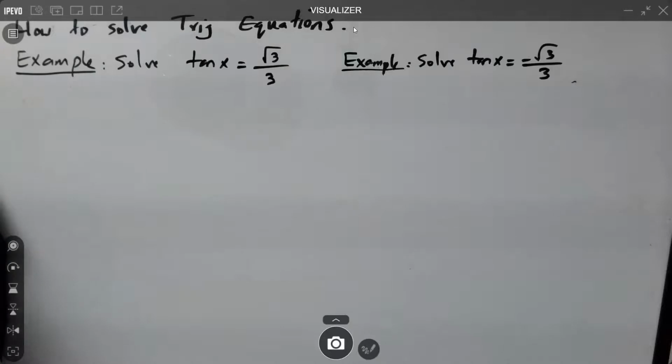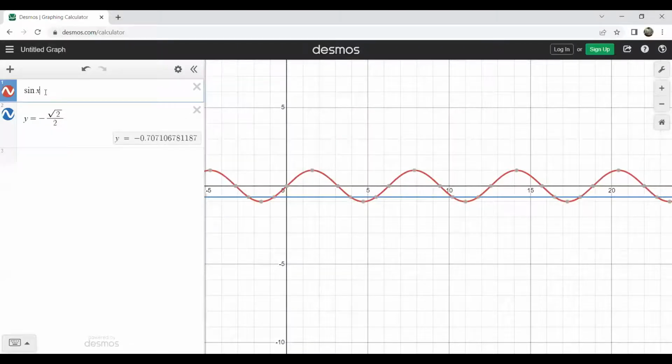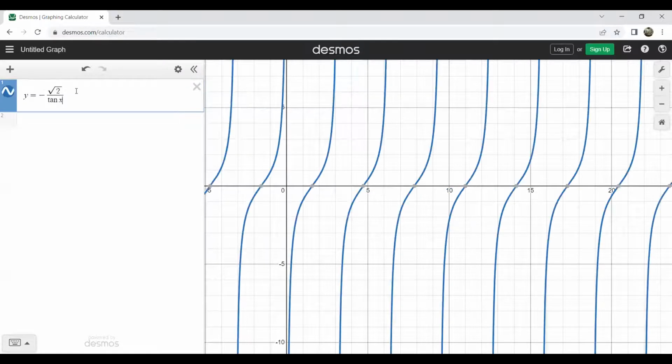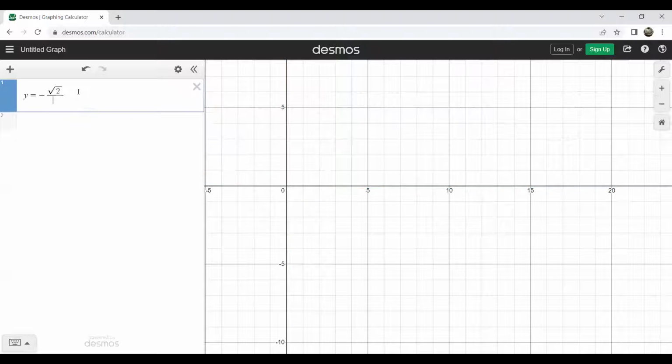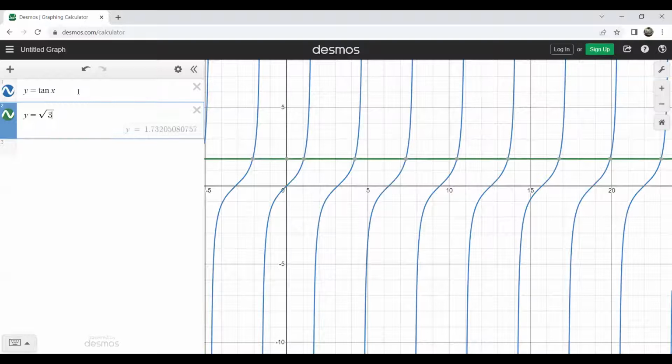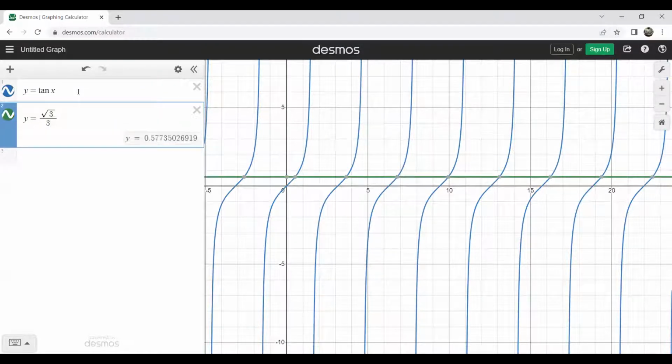Let's go to our decimals and here graph tangent of x, and then graph y equals square root of 3 divided by 3.